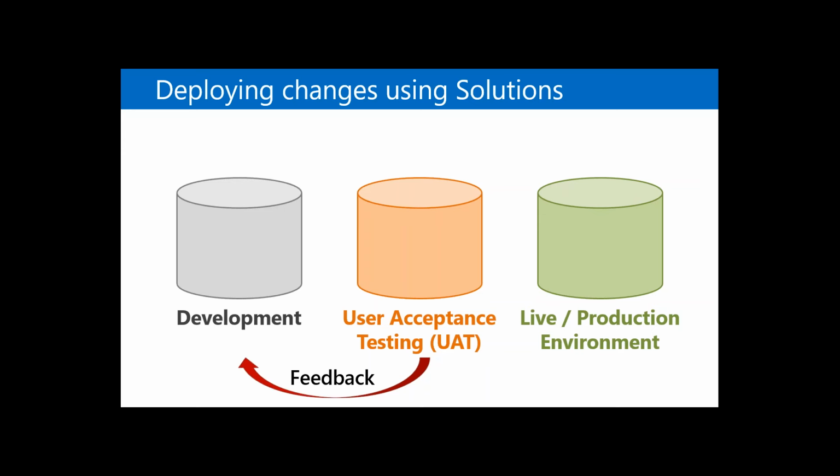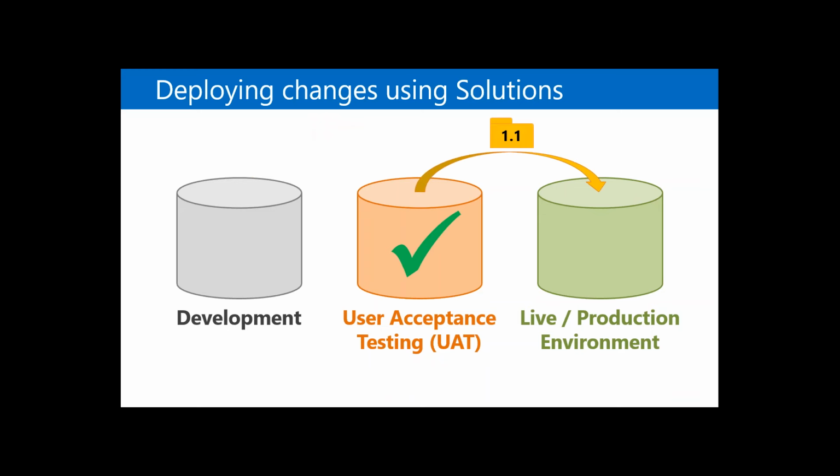From the testing, of course, we'll get feedback, and that will then generate maybe a new version of our solution that we will then take into our live production environment.